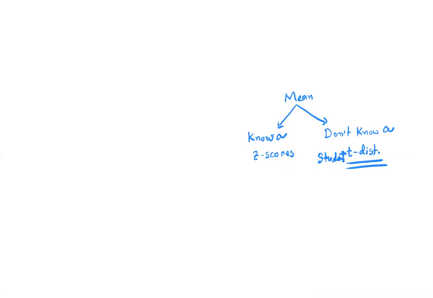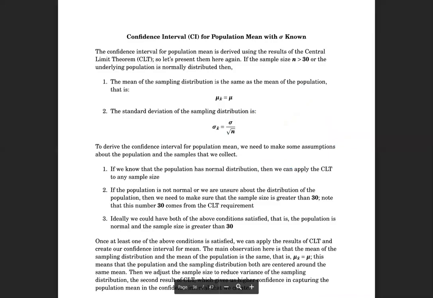Now what we are going to do is confidence interval for population mean, and we are going to use the central limit theorem. We are going to make sample size greater than or equal to 30, which will ensure that the sampling distribution is bell-shaped.